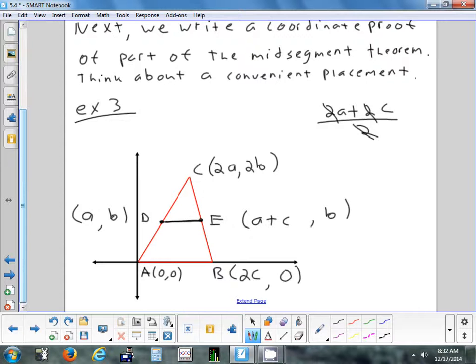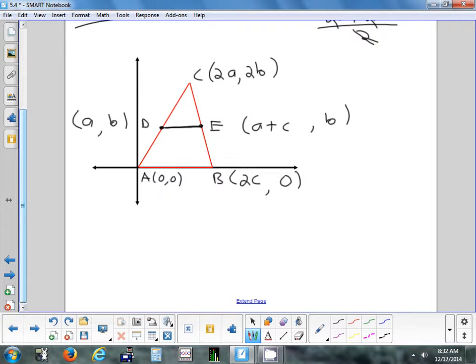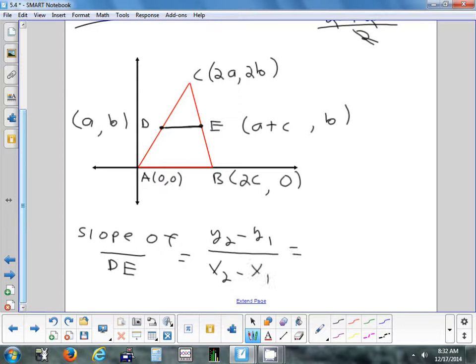All right? So now let's start with the slope. We can't count rise over run here because we don't really have a grid. So we're going to have to use the formula that somebody mentioned earlier: y2 minus y1 over x2 minus x1.